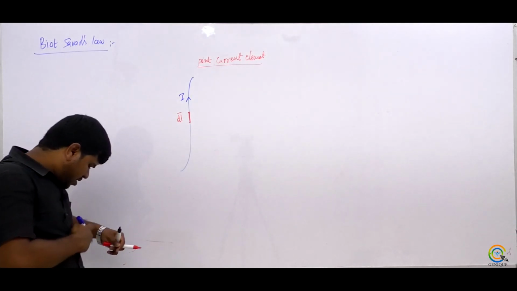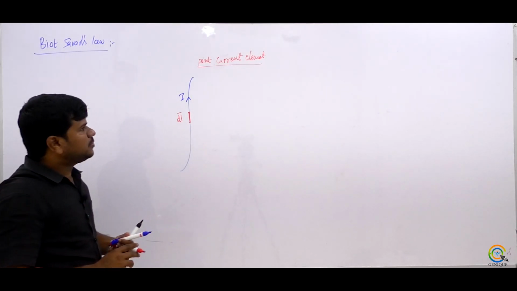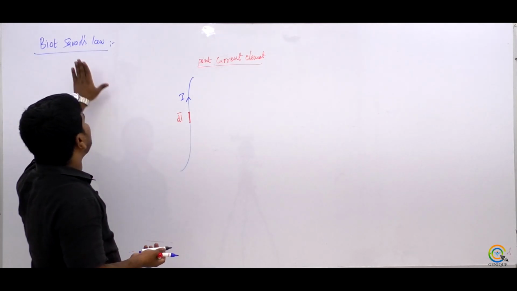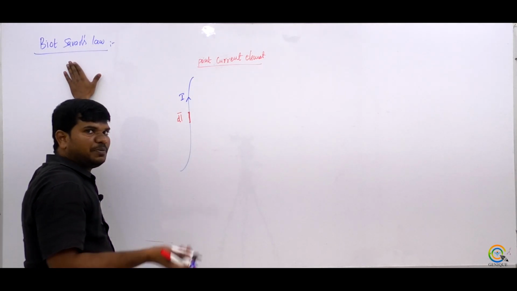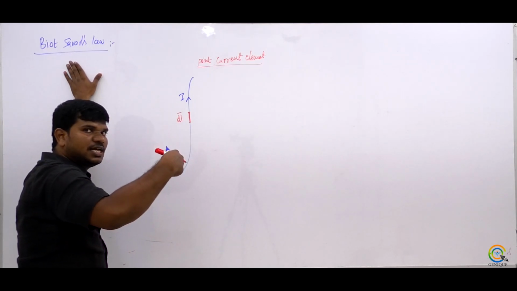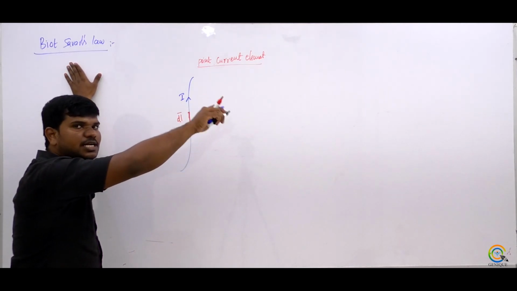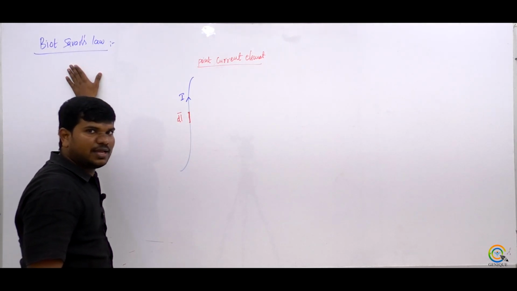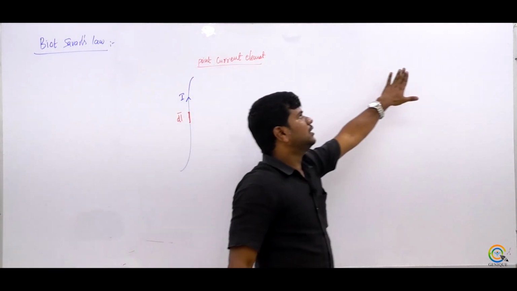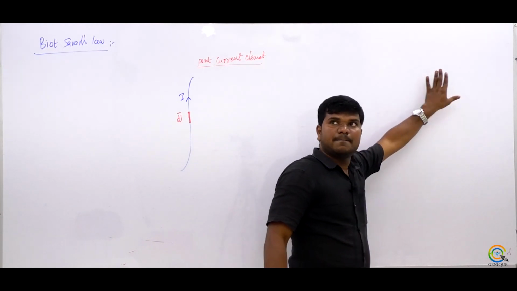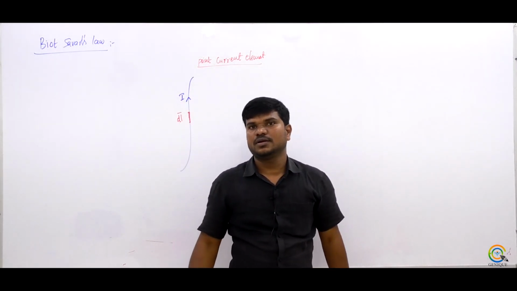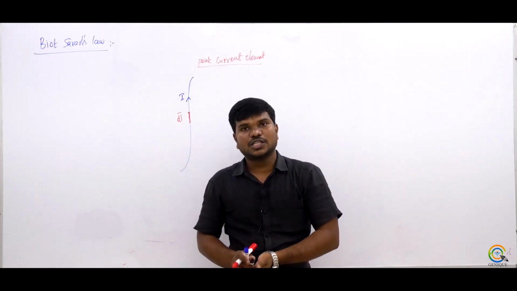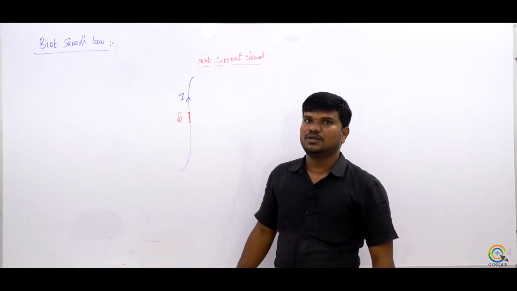So due to this, what can we expect? Why have I chosen this concept here? Previously we discussed the electric field intensity due to the point charge. The analogue of the point charge in the magnetic field is the point current element. That's why I have taken this.